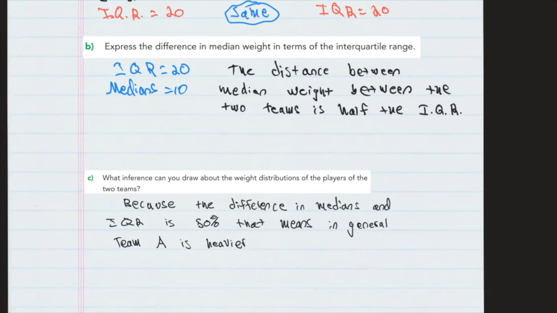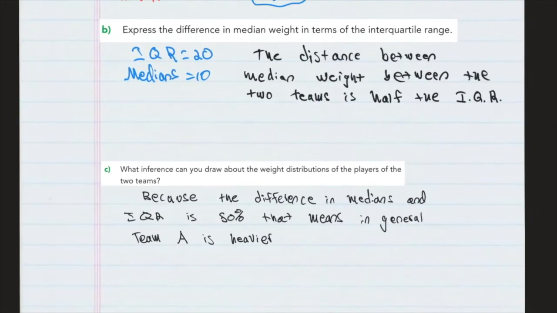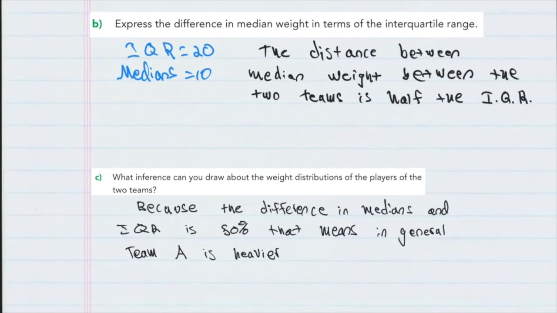So your answers for this are going to vary. If you check your answers in the book, it'll say that your answers might be around this inference. But a lot of times when people look at data, there's not just one correct answer. People look at data and they see different things, depending on what they're looking for, what stands out to them.